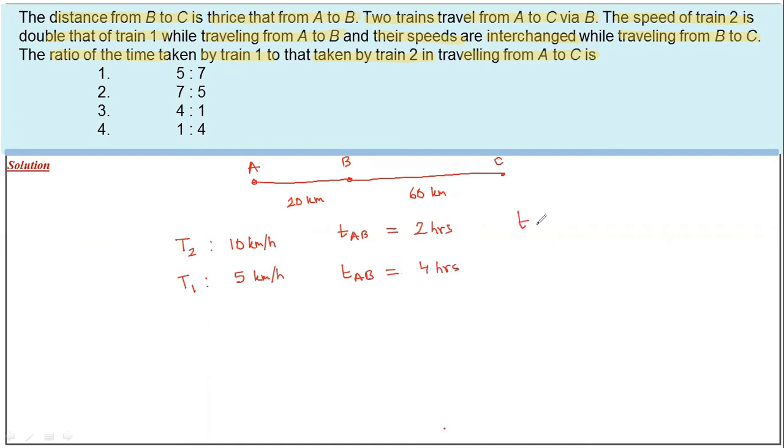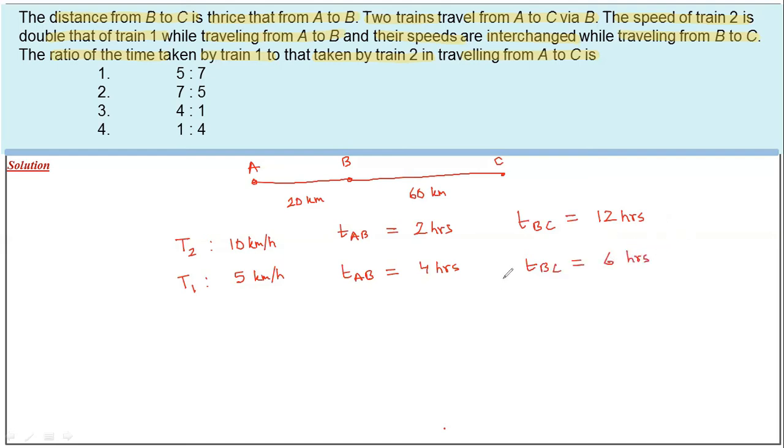And time taken to cover B to C, in this case the speed will get interchanged, so it will be 5 km per hour for T2, so time will be 12 hours, and here in this case it will be 6 hours.